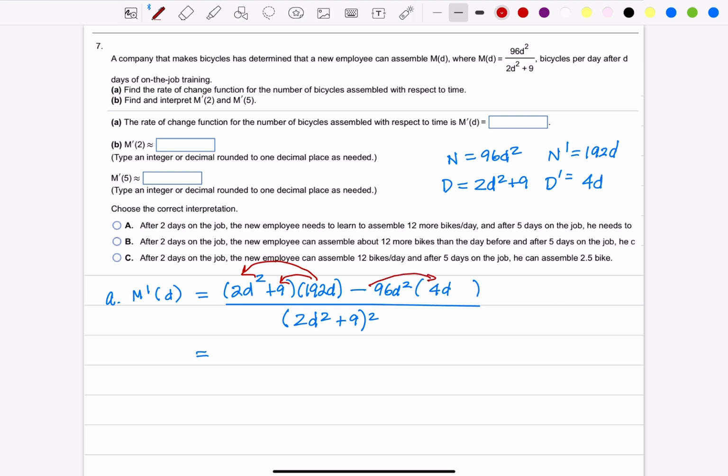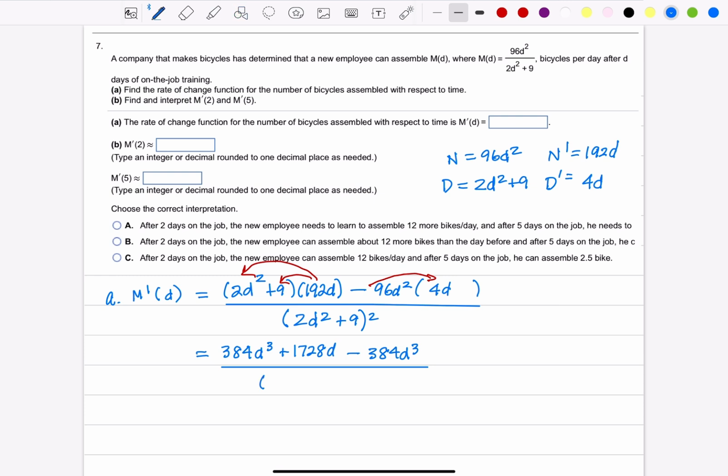Okay, so I get 384D cubed plus 1728D minus 384D cubed. And there's no need to multiply out that denominator.